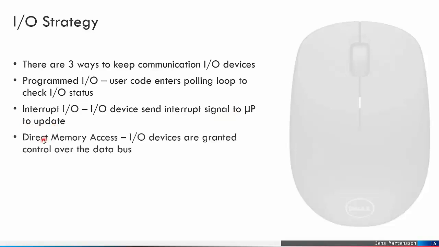The third one is considered the most efficient, direct memory access, or DMA for short. In this case, the I/O devices are given control over the data bus. It is sort of the microprocessor or the entire motherboard system opening a gate to the I/O device to access the main memory system.